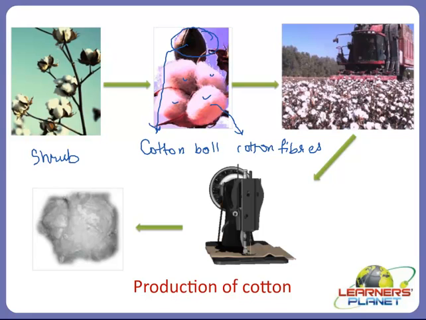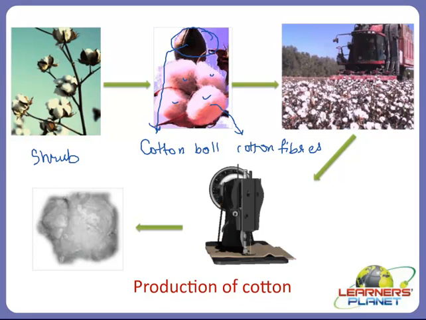That is why we are not able to see clearly the cotton bolls over here, but they are present. So when the cotton ball matures, it splits open and it exposes the raw cotton fibers. And once they expose the raw cotton fibers, the heat of the sun dries these fibers, right?